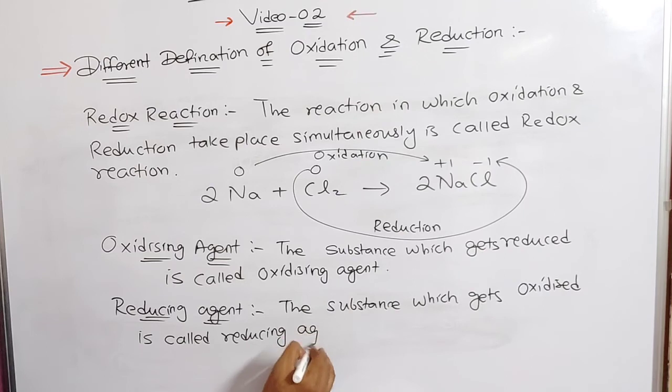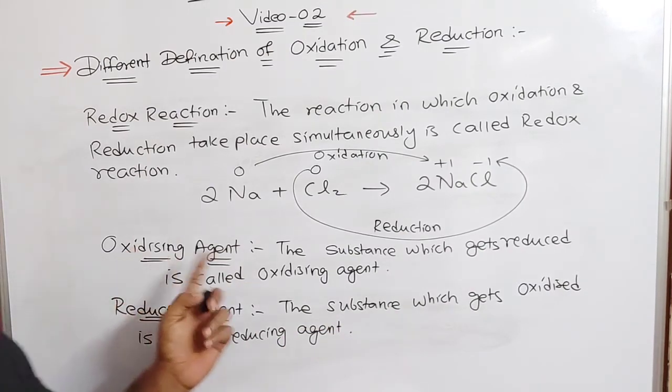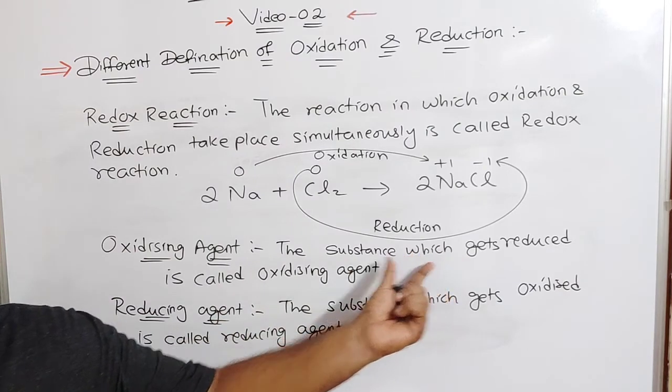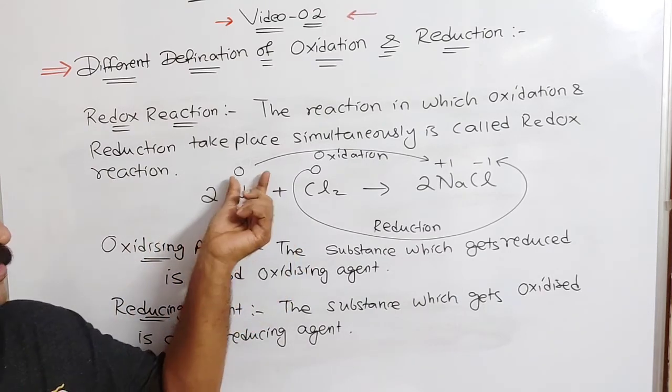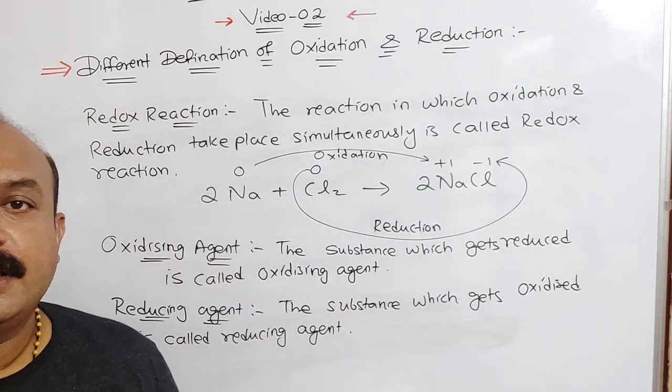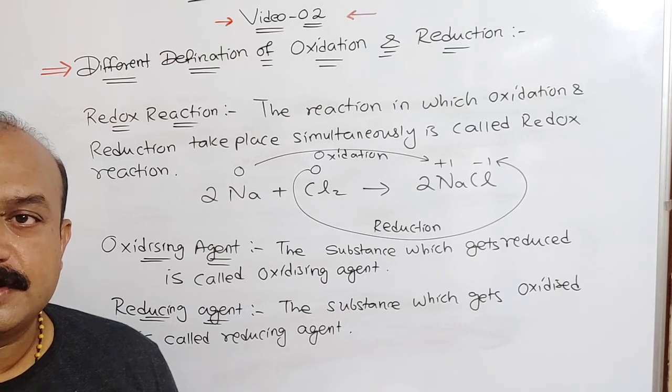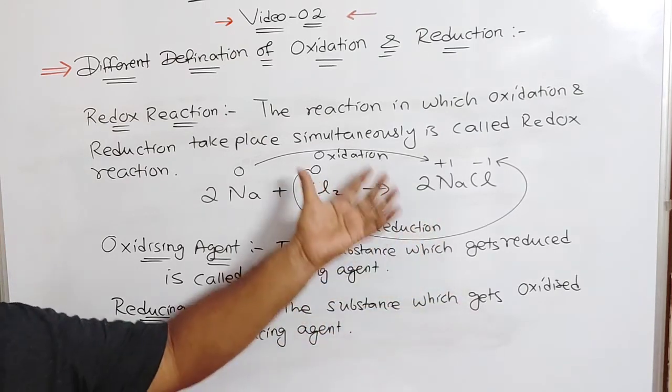What is it called? Reducing agent. So these are two different things. The one which gets reduced is called oxidizing agent, and the one which gets oxidized is called reducing agent. Now the concept based on this I will explain after discussing the oxidation number rules and the methods of writing oxidation number. Okay, then only I can explain these two terms.